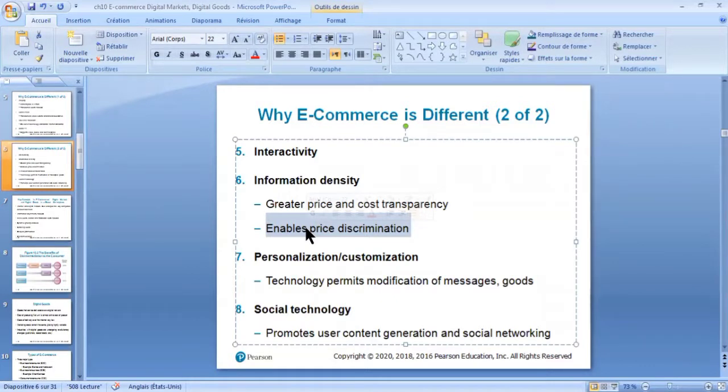Okay, فيعني with the internet, online merchants or online sellers, they can discover much more about customers, and this allows them to segment the market into groups that are willing to pay different prices. Okay, it helps you to identify different categories or different segments of customers who have different buying power. Okay, different budgets.